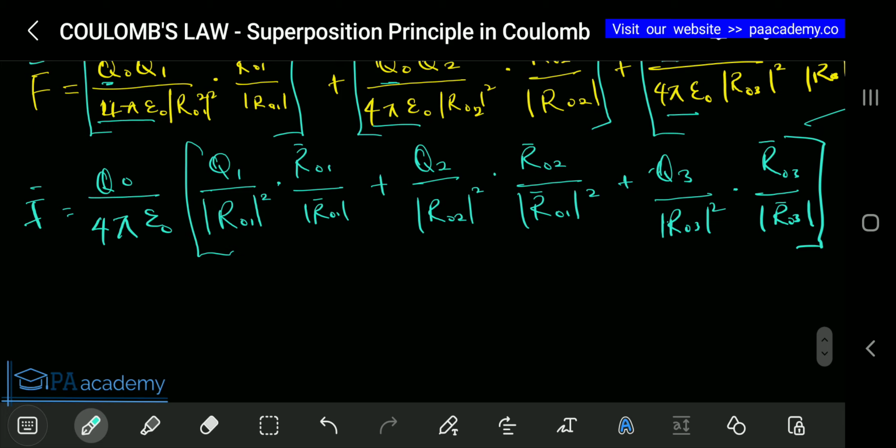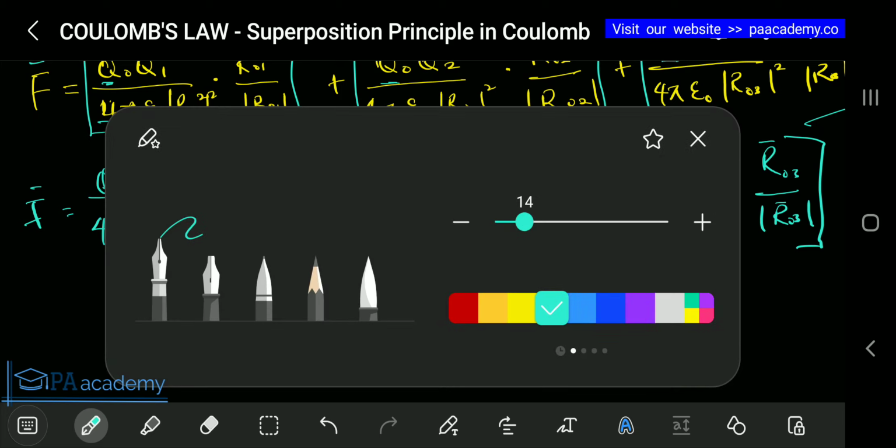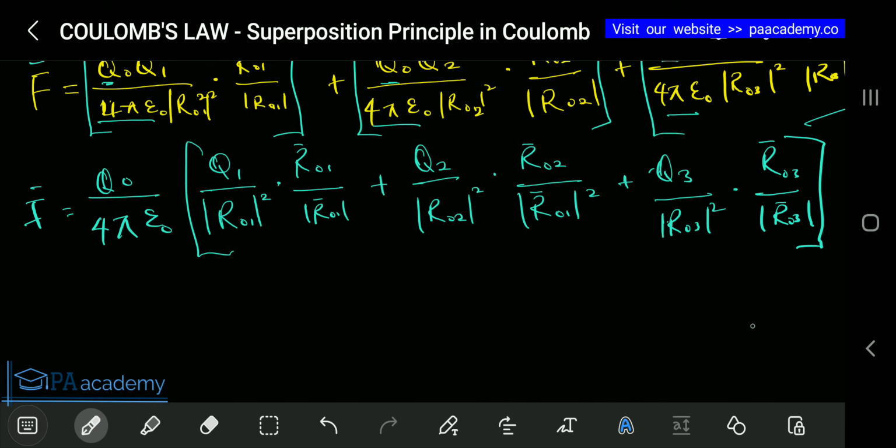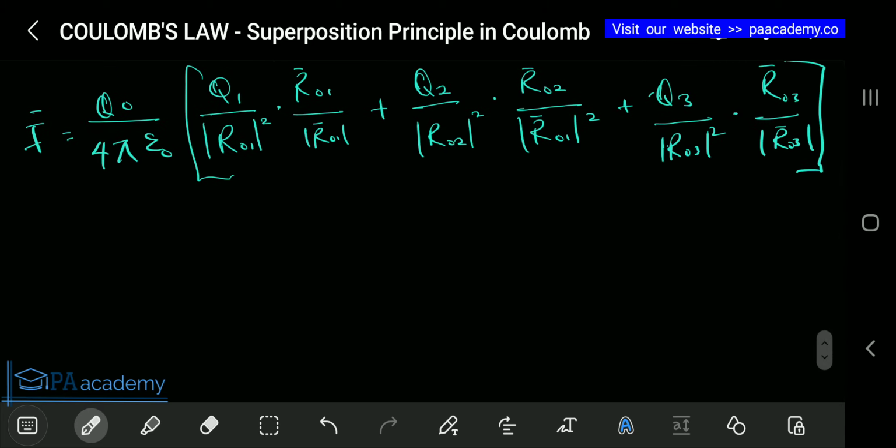Alright, so I hope you got the concept of superposition when it comes to Coulomb's law. Now this superposition is similar to the one you have in circuit theory, where if you have a circuit with multiple sources, you short circuit or open all but one source and use it to get the current passing through a particular element, and then you look for the resultant.